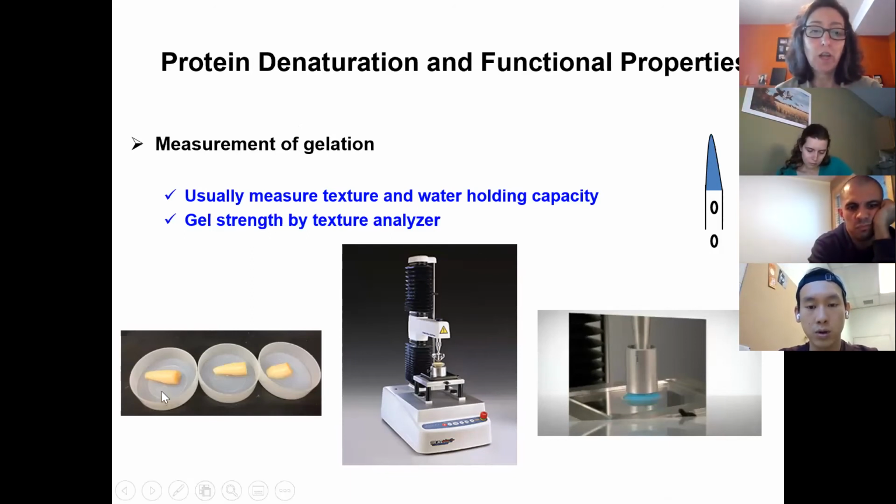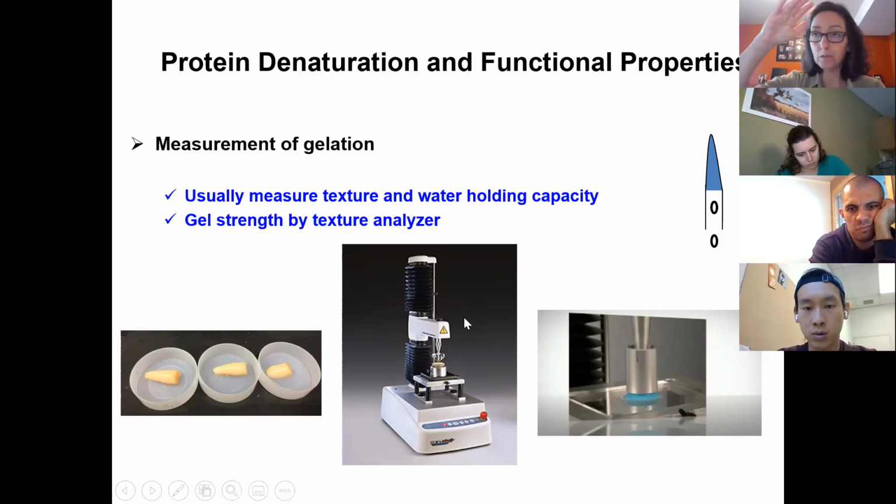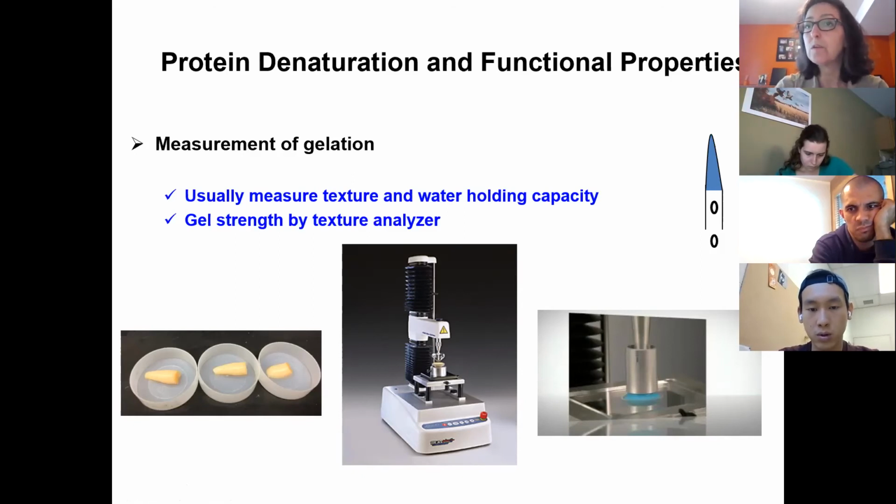We form our gels in small centrifuge tubes, and then we use the texture analyzer with a specific probe that goes down and presses the gel until deformation. We measure the weight and convert the weight to the force needed to cause gel deformation. That would be our gel strength in Newtons. By using acceleration, we convert mass to Newtons, to force.